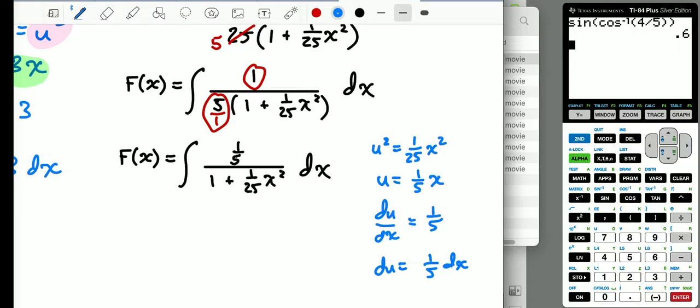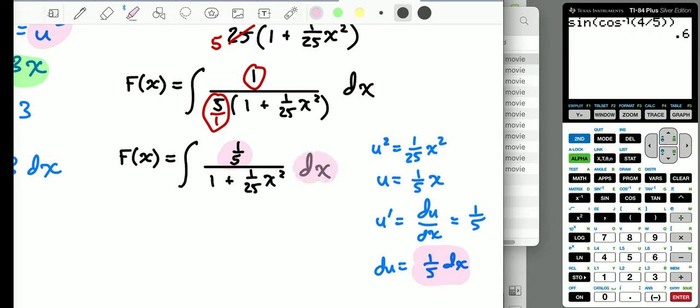So we've got a variety of possibilities. Just looking at it, and remember, du dx is another way of saying u prime, I think we're in pretty good shape here, because I can now take the 1/5 dx and replace it with the du, and take the 1 over 25 x squared and replace it with a u squared.